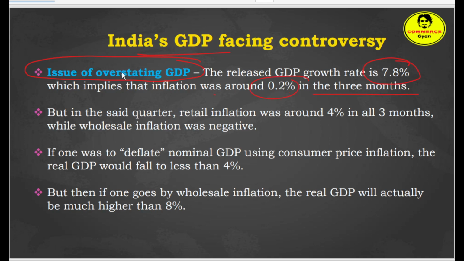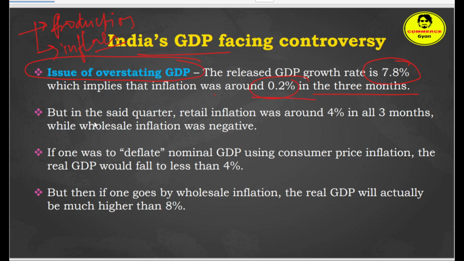As we have discussed in an earlier slide, we can calculate GDP by two methods. One is the production growth rate, and the second is inflation, right? So if we add inflation, then of course real GDP will grow higher. So this is also an issue here.